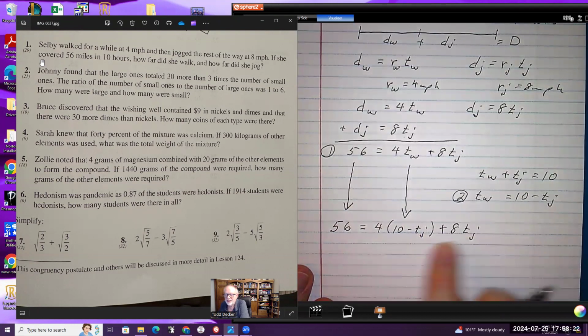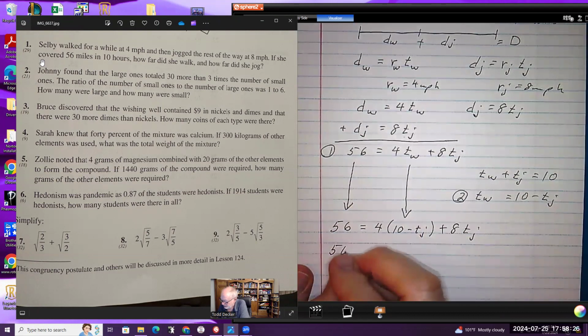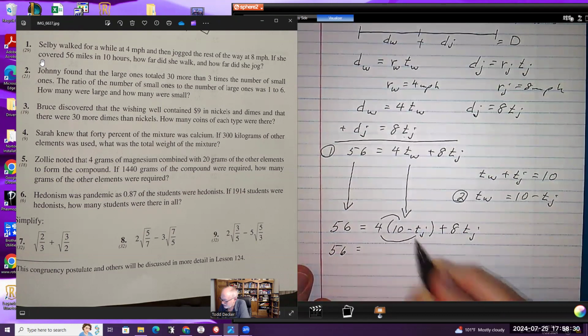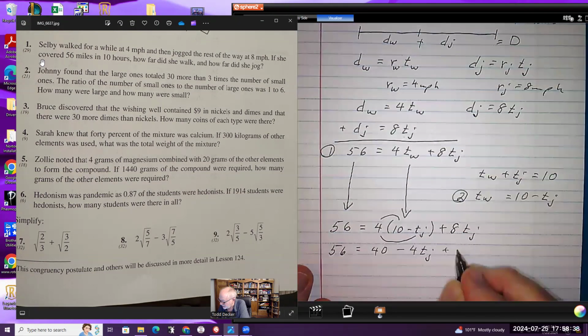And now I've just got one variable. Make certain that you don't forget to distribute this 4 to the 10 and to the negative T sub j. That's 4 times 10 is 40 minus 4 times the time she spent jogging plus 8 times the time she spent jogging. And now I can combine these together and get 8 minus 4 is 4.